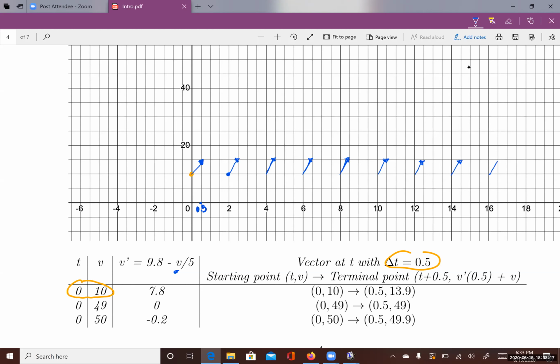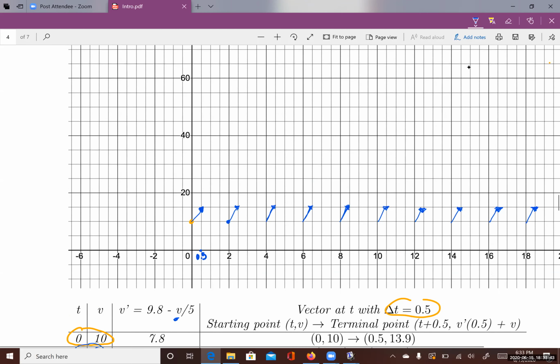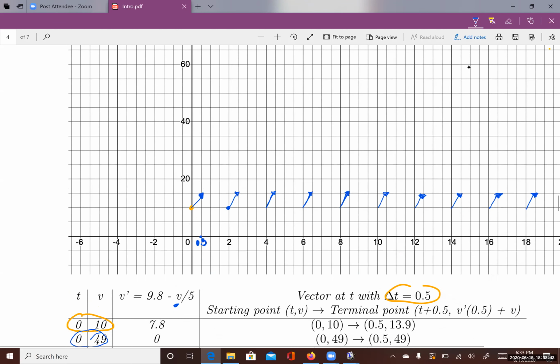All right, let's look at the point v equals 49 and t equals 0. So 50 right here, 49 probably right here. If v equals 49, I notice that v prime is 0. That means the tangent line is just a horizontal line.